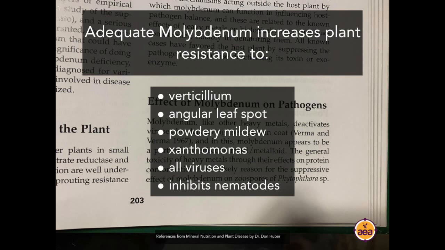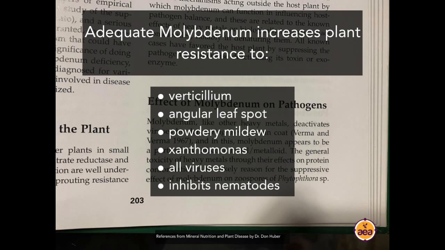So these would be diseases such as Goss's wilt on corn, sudden death syndrome on soybeans, citrus greening, Pierce's disease on grapes, and crown gall on walnuts and nut trees. So anytime we have bacteria that invade the vascular tissue of a plant, the presence of those organisms can be significantly reduced when we have adequate levels of molybdenum.